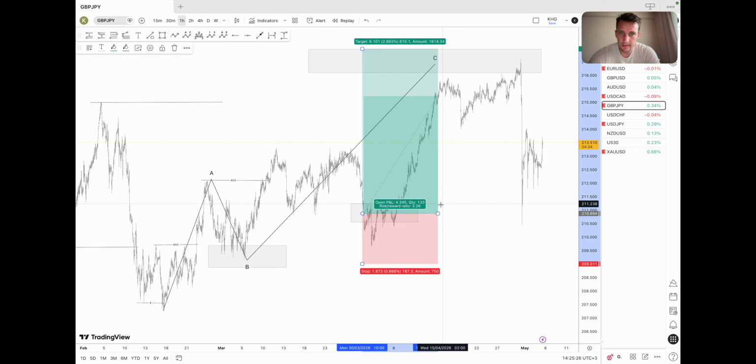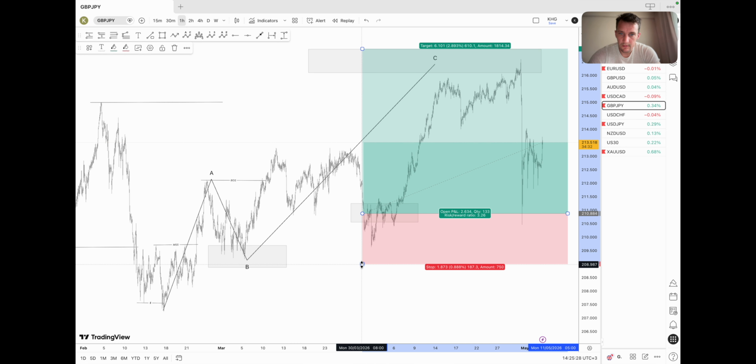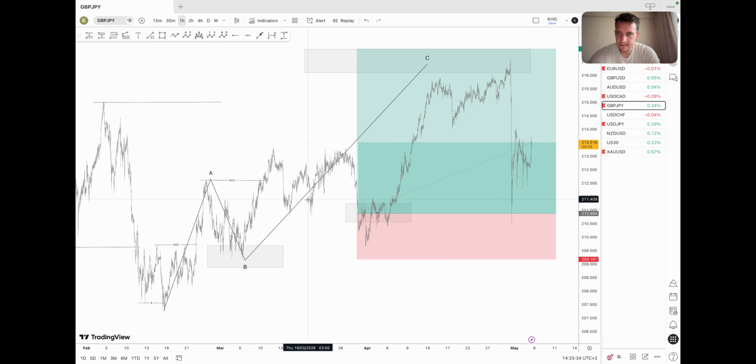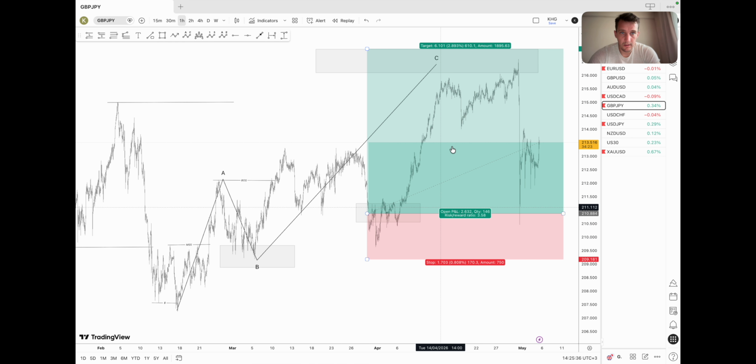You target that, and you put your stop loss below that B right here. And now you see how it hasn't reached its full potential. It's because of the war. The market's not reacting very well. And yeah, I mean, that's it.